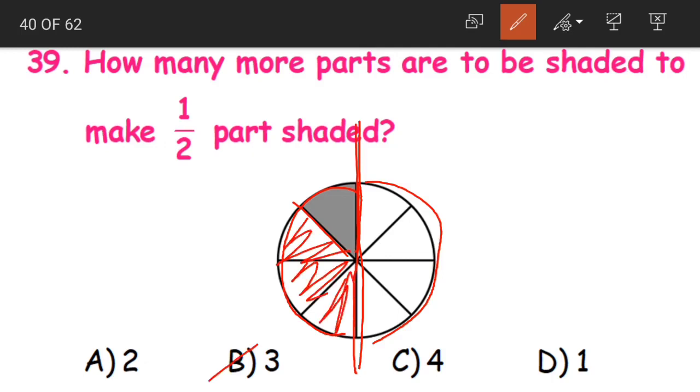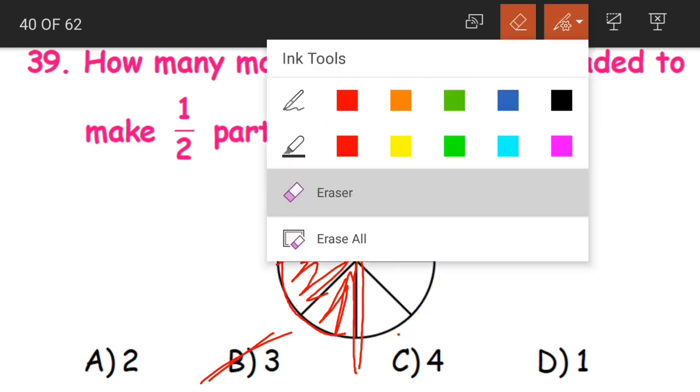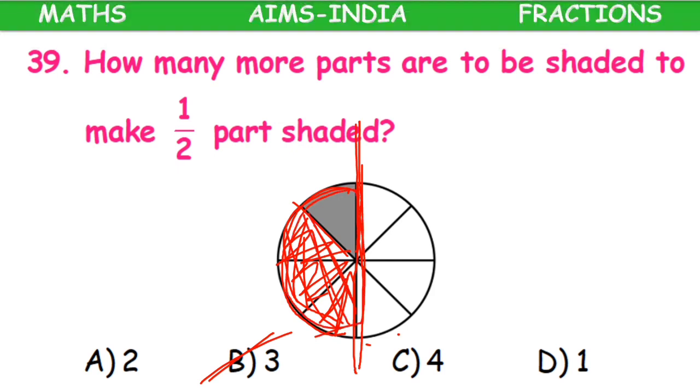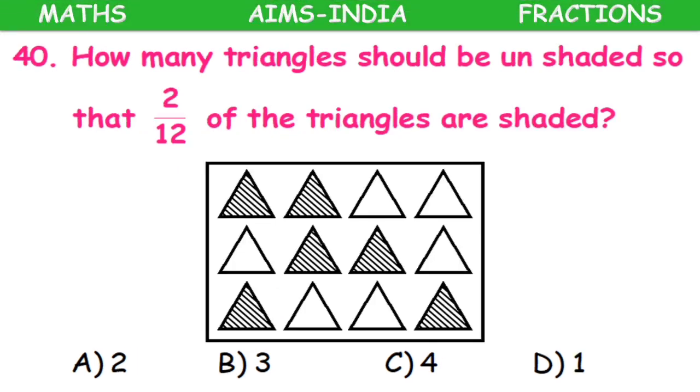We should shade 3 more parts to make this figure 1 by 2 shaded. Sometimes you need to just apply our logic. So in the entire figure, we took the half part, and when we shade 3 parts here, we got our half fully shaded circle. So option B, 3 is our correct answer.